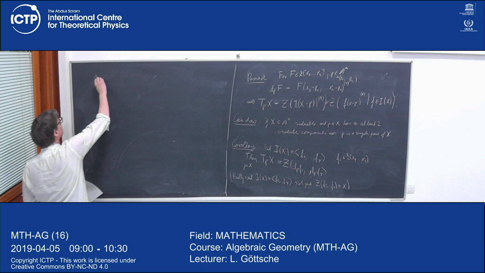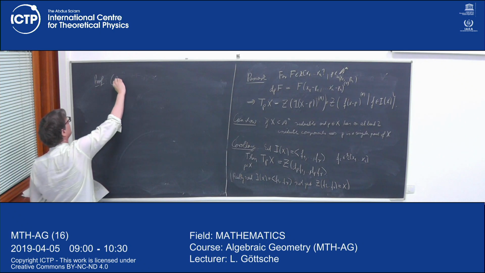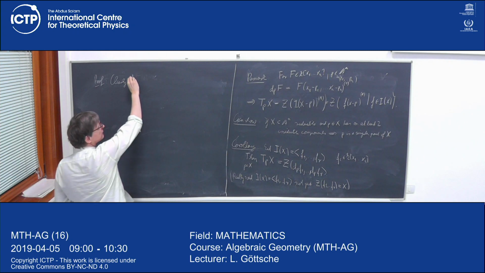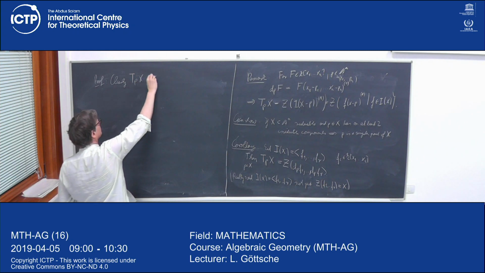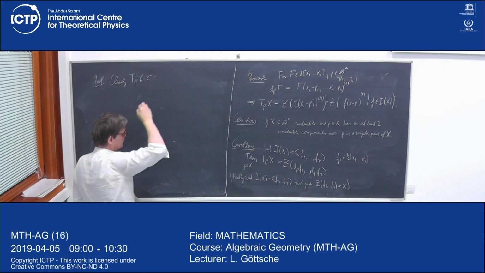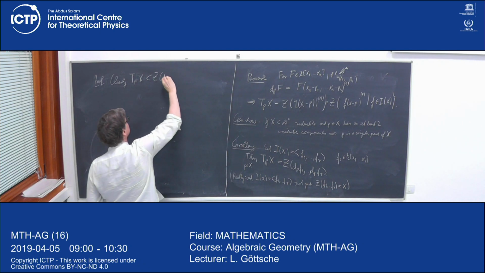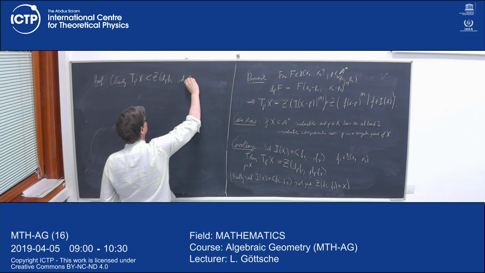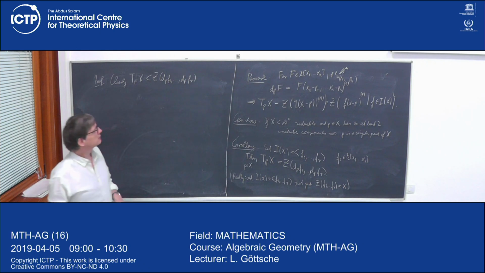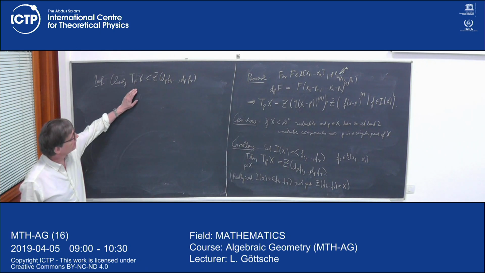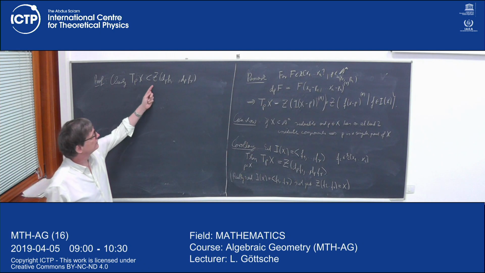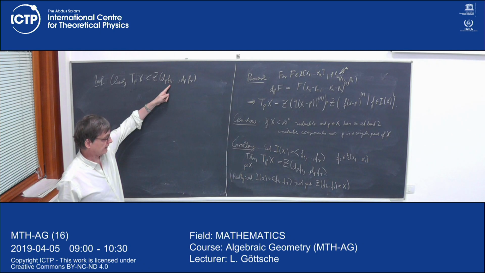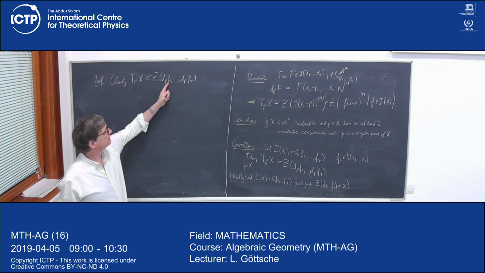Clearly we have that the tangent space of X is contained in the zero set of dp f1 until dp fr, because the tangent space was defined as the common zero set of all the dpf, where f is in the ideal of X, and these fi are in it.